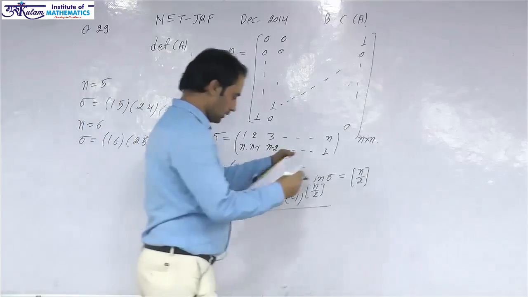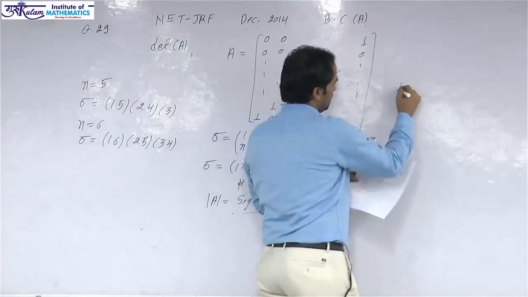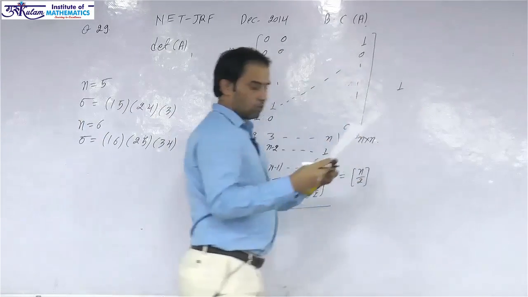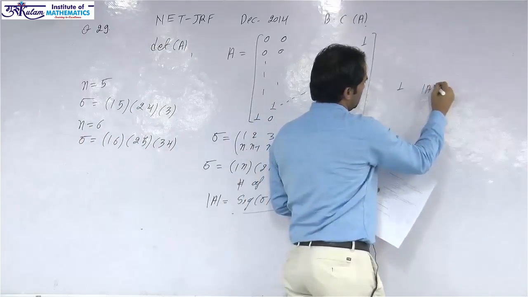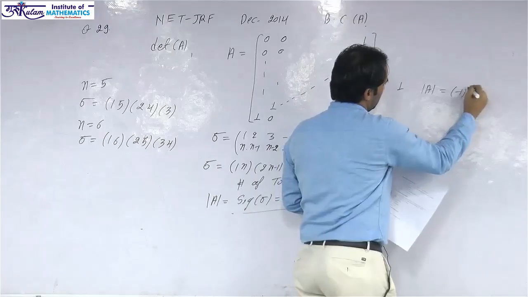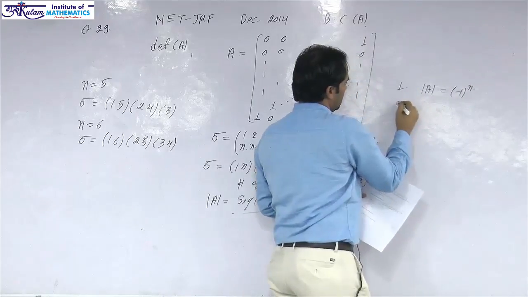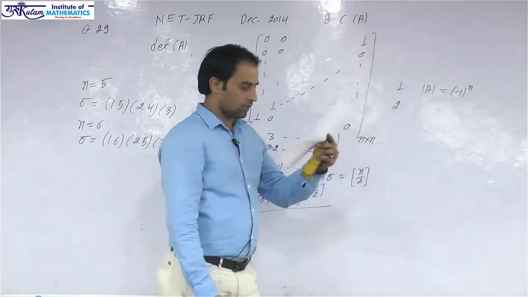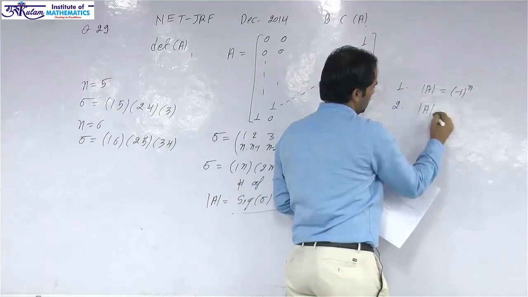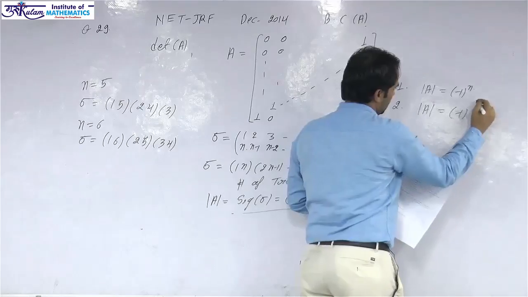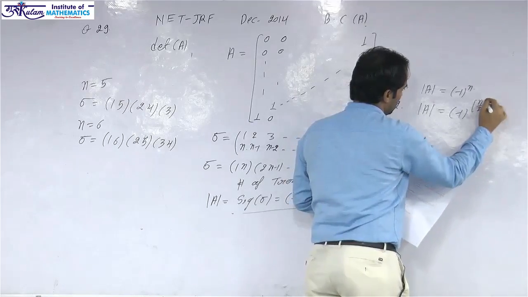So there are options. First option is determinant of A is minus 1 to the power n. Second option is determinant of A is minus 1 to the power greatest integer n by 2.